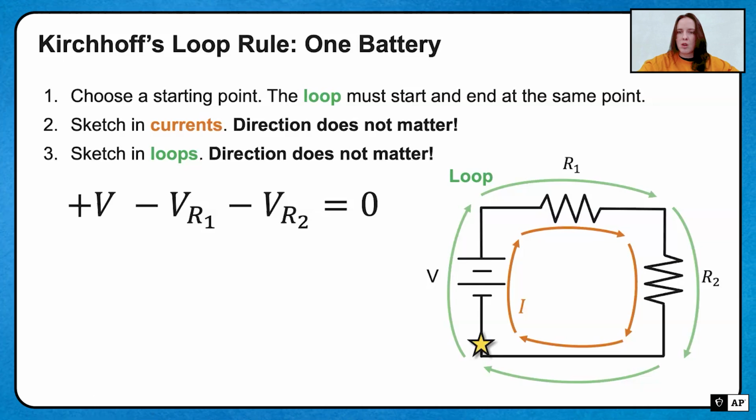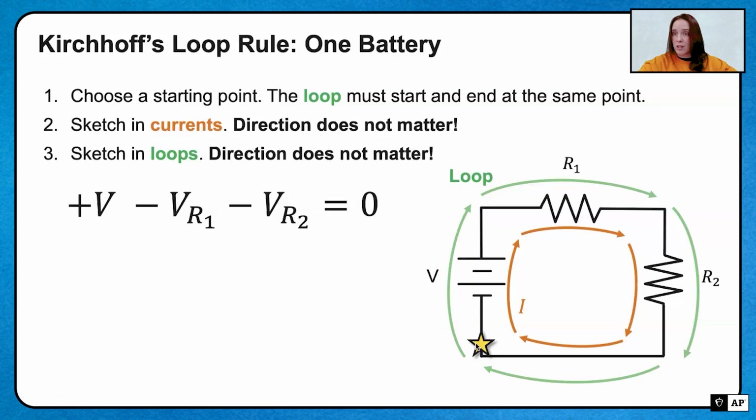Because I'm going through this resistor in the same direction that I have sketched my current, I subtract that voltage contribution from resistor number 1. Then I hit resistor 2. Same deal. We're going in the same direction as the current I've sketched, so I subtract that voltage contribution.